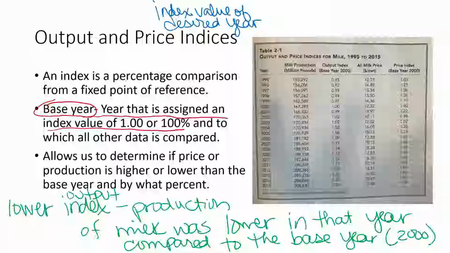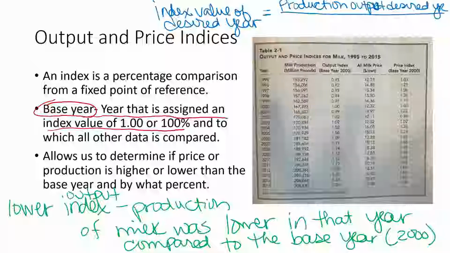So the index value of the desired year equals the production output of the desired year divided by the production output of the base year.